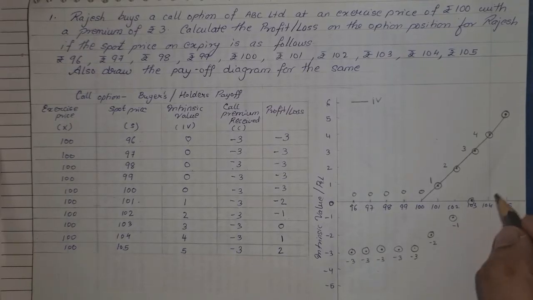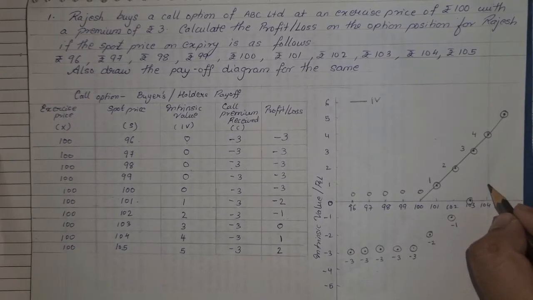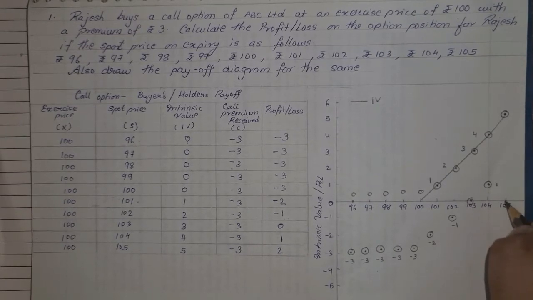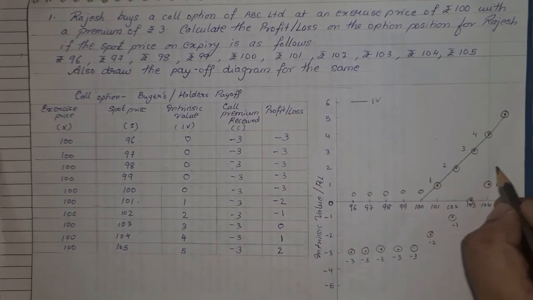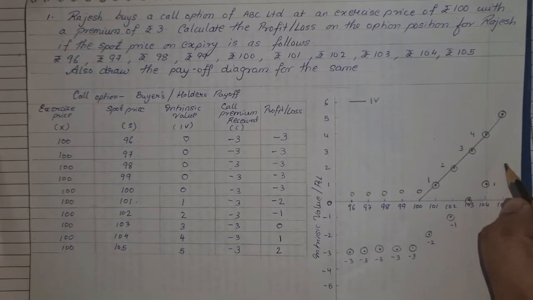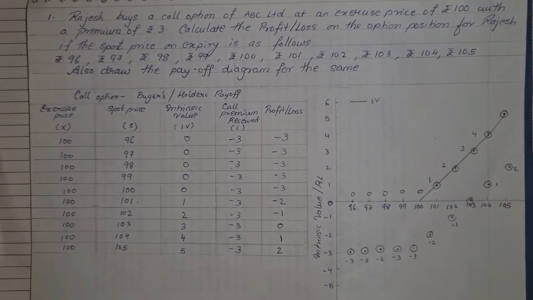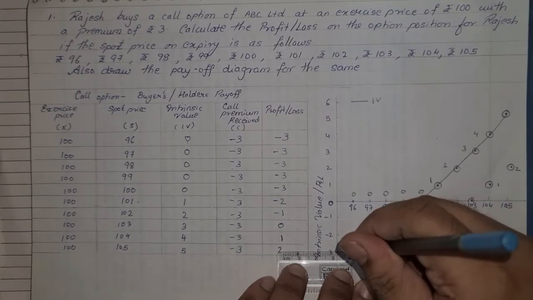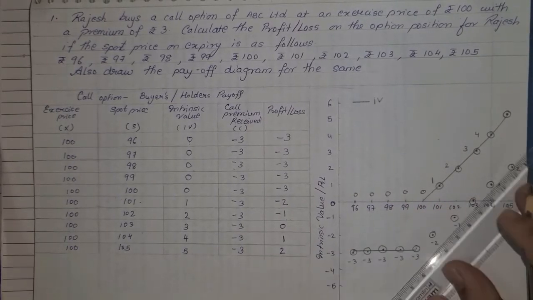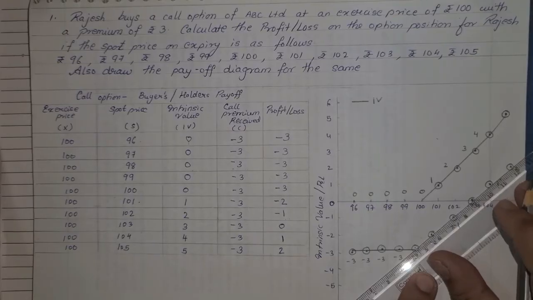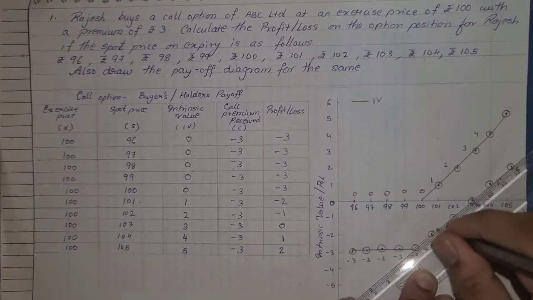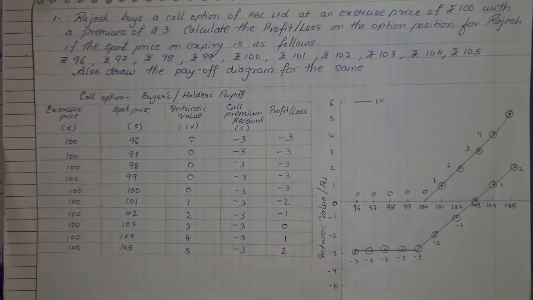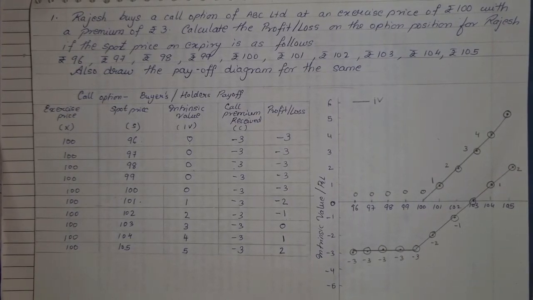At 104 you are actually earning the first profit, and at 105 you are earning the profit of rupees 2. Now we'll just join these points. When you join it, okay, you will see that there is a parallel line between the intrinsic value and the profit and loss.